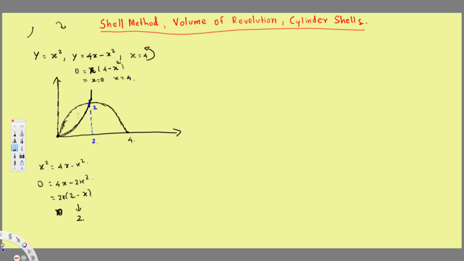And what we do in between, we have to draw a rectangle, and the axis that's rotating is here. So this is rotating at x is equal to 4. So this is where it's going to rotate, right? Now we have to find the r and the height. So height is basically this height right here.